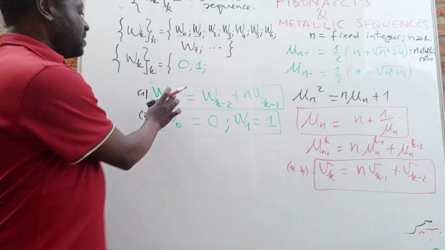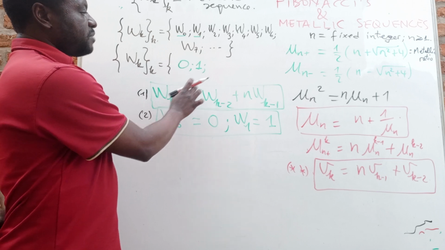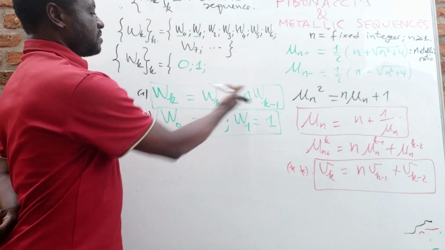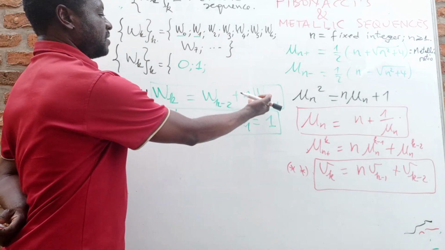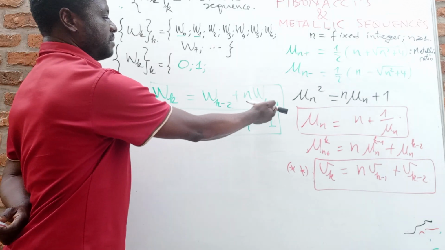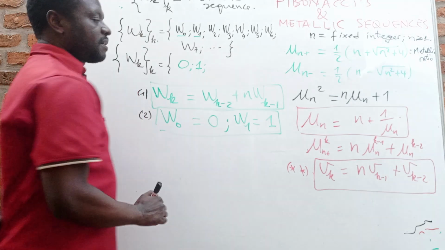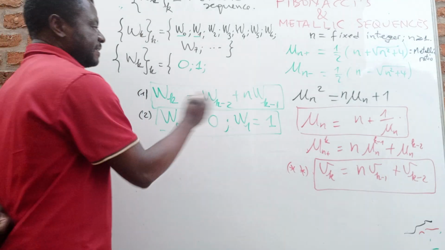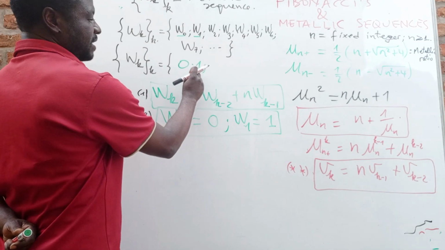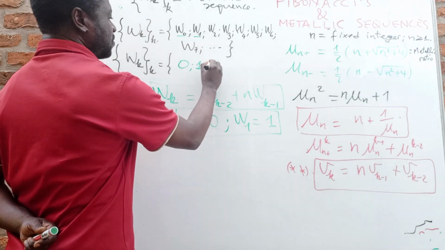So how does it work? Each term is expressed as a combination of the two previous ones, the closest being W(k minus 1). But before adding the previous one, we have to multiply by n. If I have 1 at k minus 1, I multiply by n, and n multiplied by 1 is n.